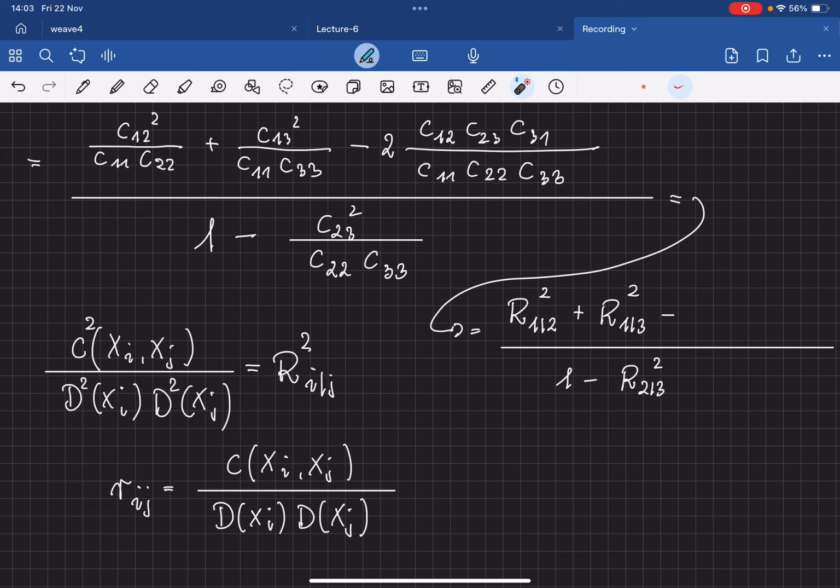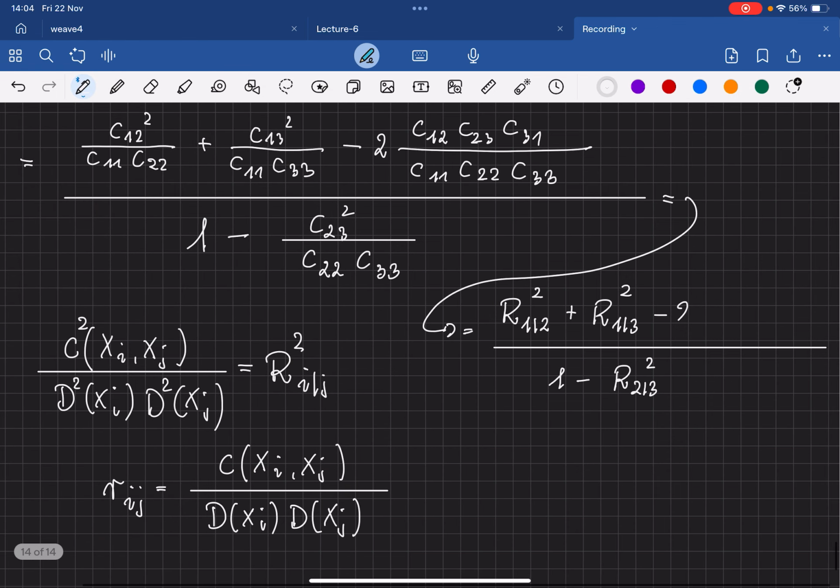However, the same standard deviation will come from this component and this component, and these two standard deviations will arrange themselves as a variance, so they can be squared. Therefore, really, we have here minus 2 r12, r23, r31.